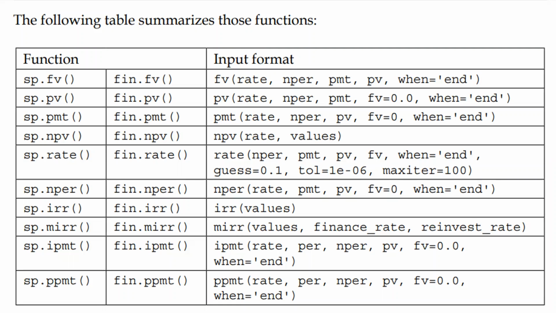The first one, you can see, is sp.fv, that is the future value. How you have to input that one: rate, then number of periods, payment, and the present value. That's all. Then it will give the output.